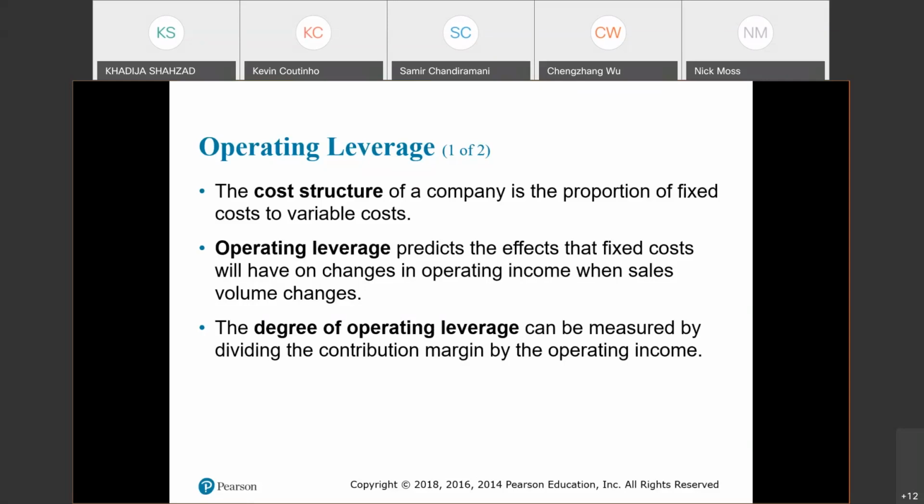Companies with higher fixed costs are at greater risk, but they also have the opportunity for greater rewards. Let's compare two companies to see how their cost structure affects their profits when there is a change in sales revenue.